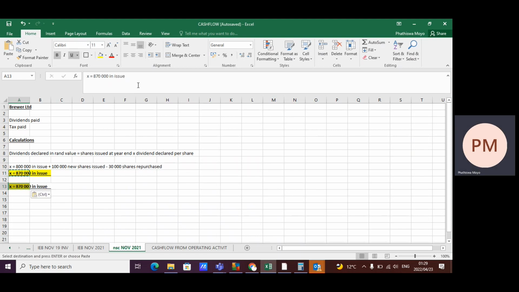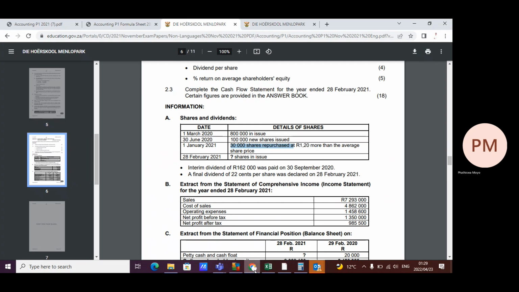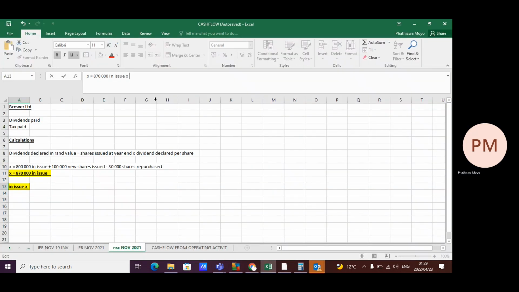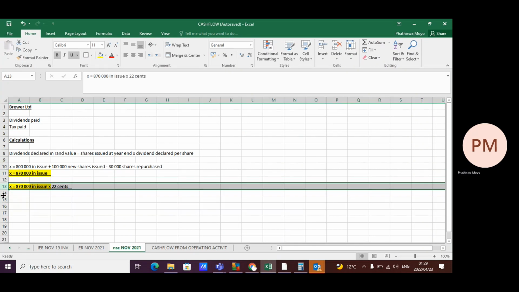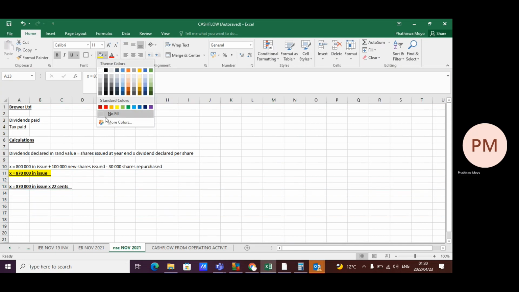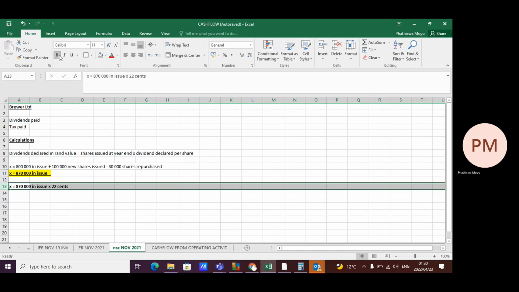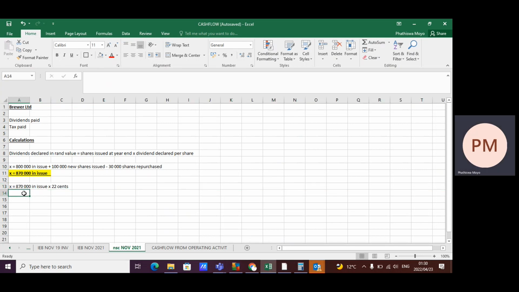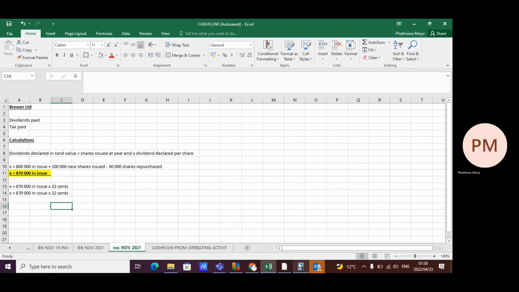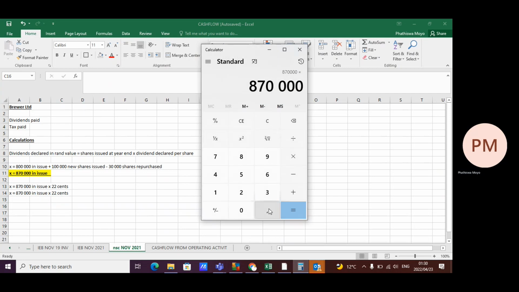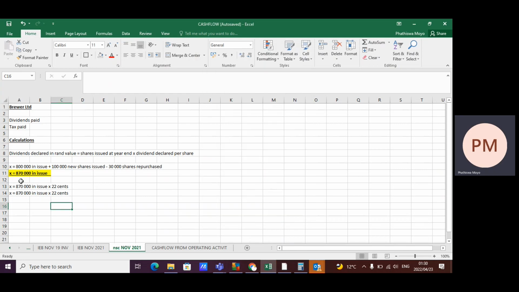Accounting is heavily integrated with mathematics. I will forever say that. It's $191,400.